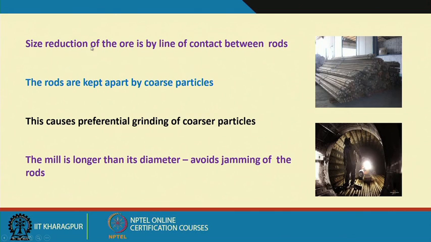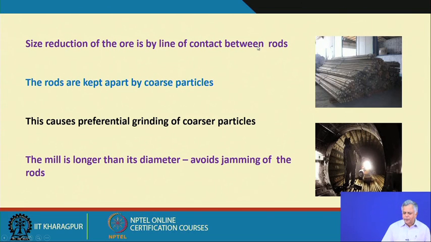The size reduction of the ore is by line of contact between rods. What happens when you use balls? There is a point of contact between the balls, and when a ball hits a particle, less surface area of the ball is utilized for breaking the particle, although in a ball mill you do get impact also.